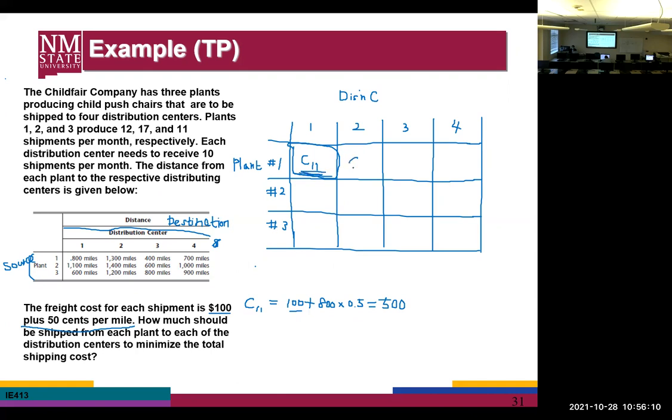Then how about C sub 1,2? How do you get this number? Similarly, C sub 1,2 is going to be 100 plus the travel distance, which is 1300, times 0.5, right?